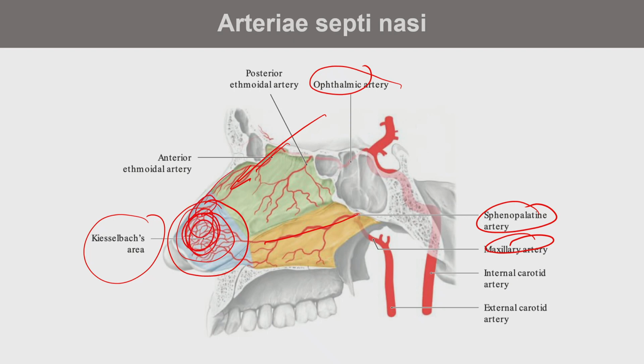So this is the source of bleeding, typical source of the bleeding. And now you could distinguish here very important communication between territories of a internal and external artery, external carotid.